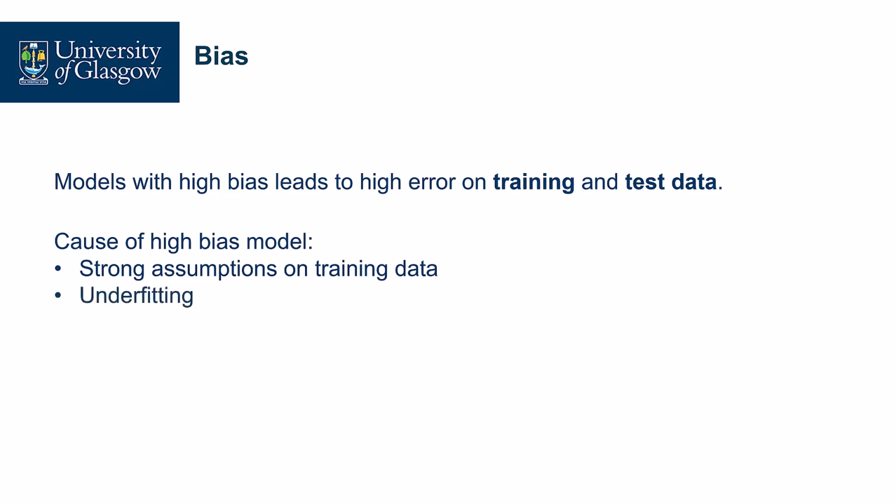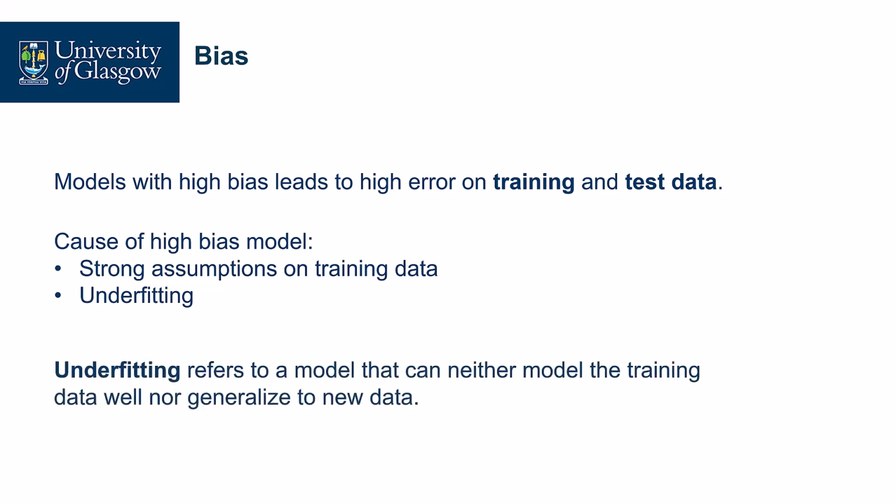The second is what we call underfitting. Underfitting is an important concept in machine learning. Underfitting refers to a machine learning model that can model neither the training data nor new data, such as test data or other data, well. So this is called underfitting.